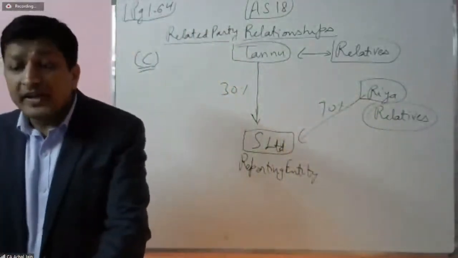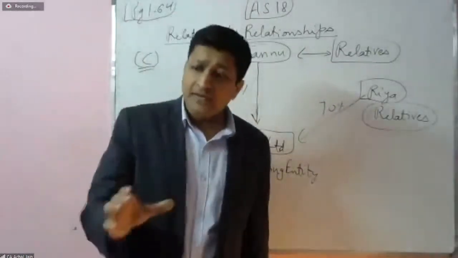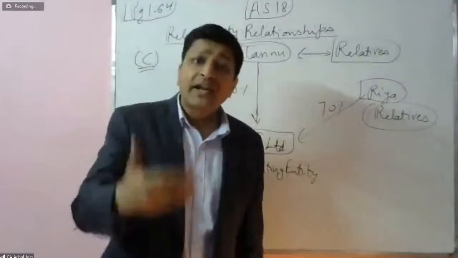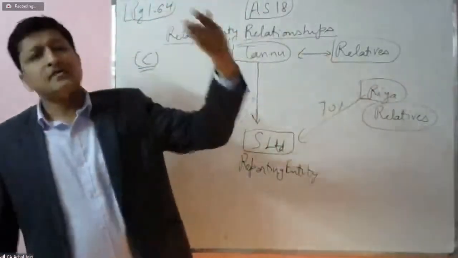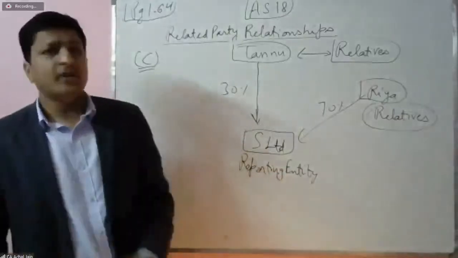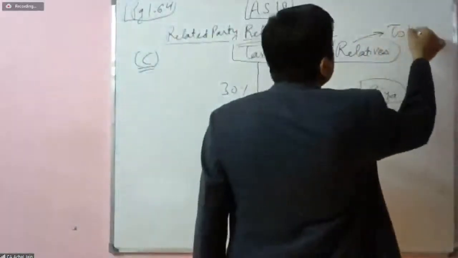Khushi is asking, who will be the relatives of individuals? So this part is yet to be covered. We'll cover that separately. As of now, you can say this is to be covered. I have not yet discussed it.